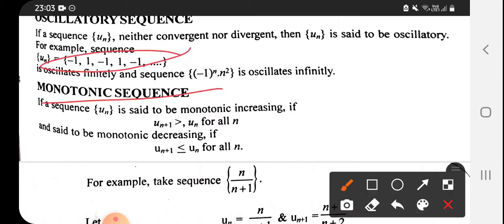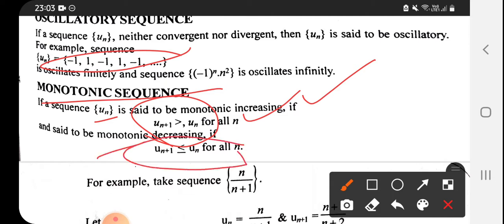Monotonic sequence. A sequence un is said to be monotonically increasing if un plus 1 is greater than un for all n, and monotonically decreasing if un plus 1 is lesser than or equal to un. That means the next term is lesser than the previous term. Here the next term is greater than the previous term.